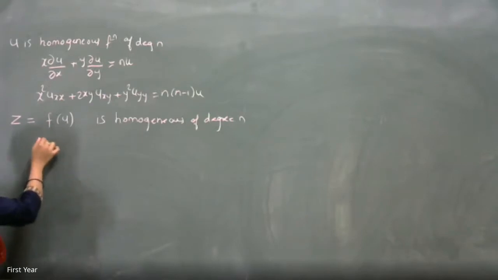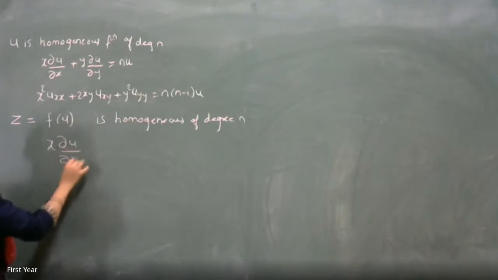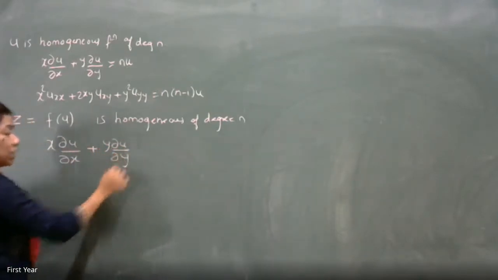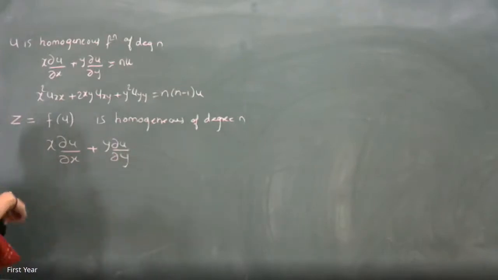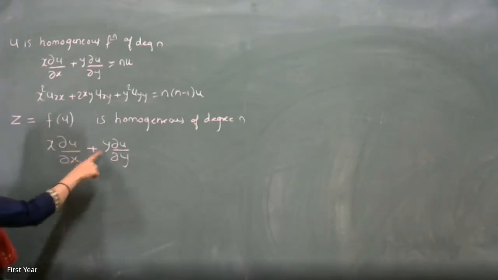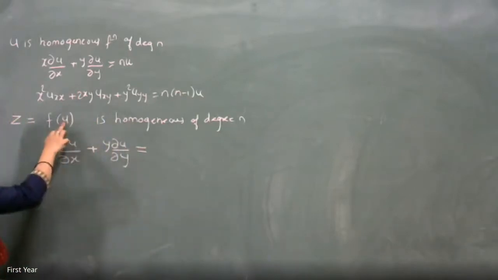Euler's theorem states that x ∂u/∂x plus y ∂u/∂y. The left hand side is the same because we have to present u as the function which is actually becoming homogeneous, a function of a homogeneous expression. So x ∂u/∂x plus y ∂u/∂y. Now it won't be just n u because u is not directly homogeneous. F of u is homogeneous.